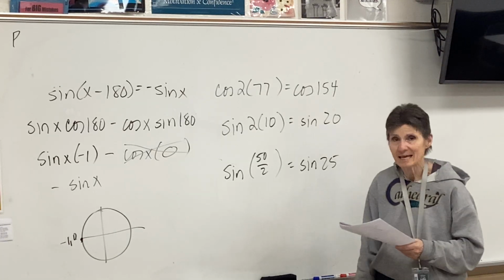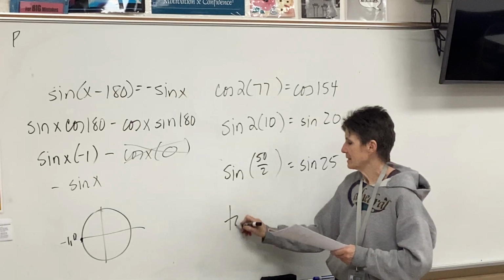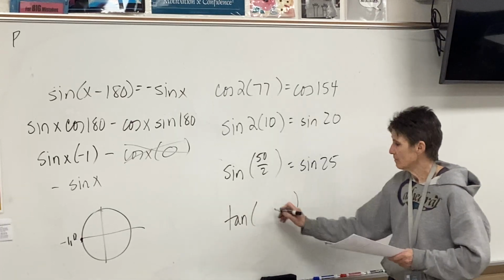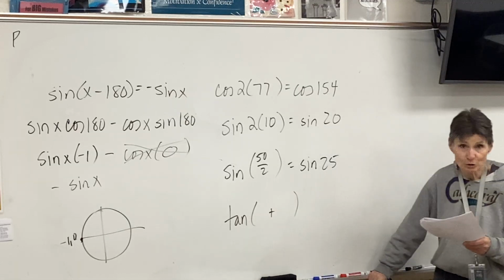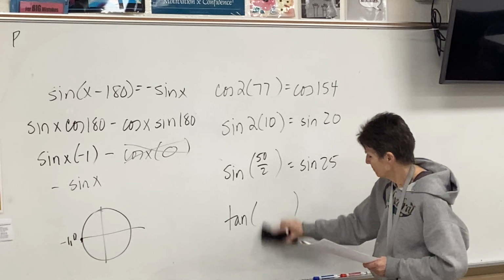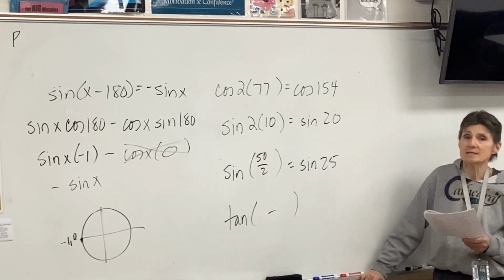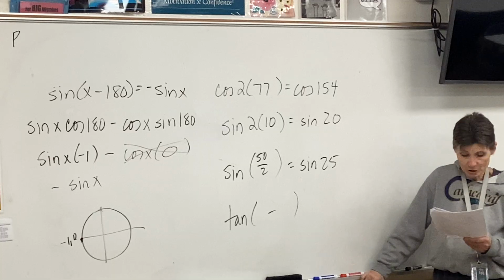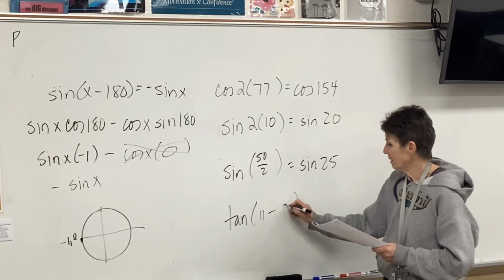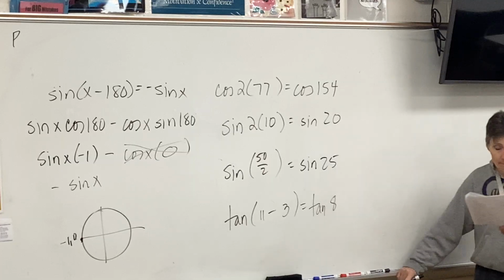Tan minus tan over 1 plus tan. That's a formula for the tangent of u plus v, u minus v. Tan minus tan over 1 plus tan. That's the tangent of 11 minus 3, which is the tangent of 8.